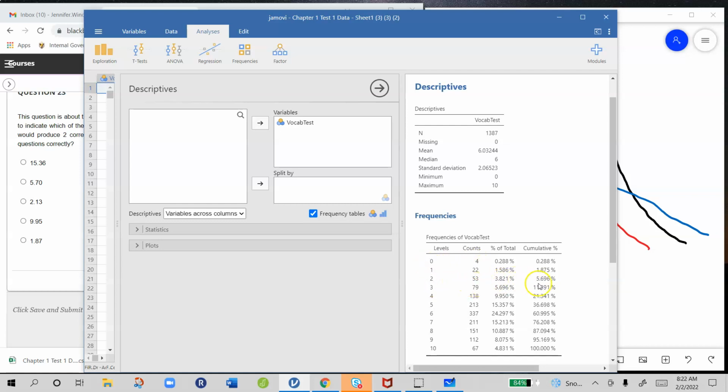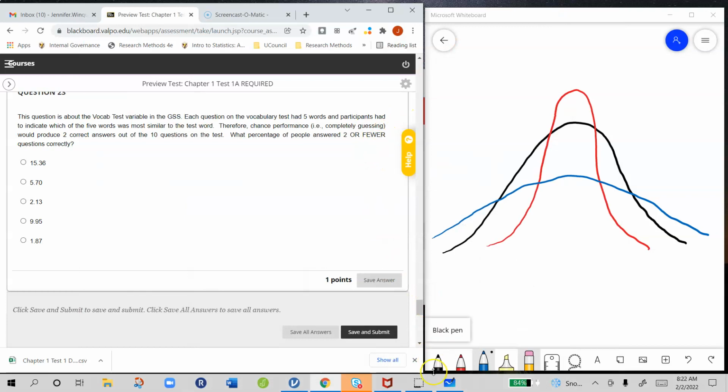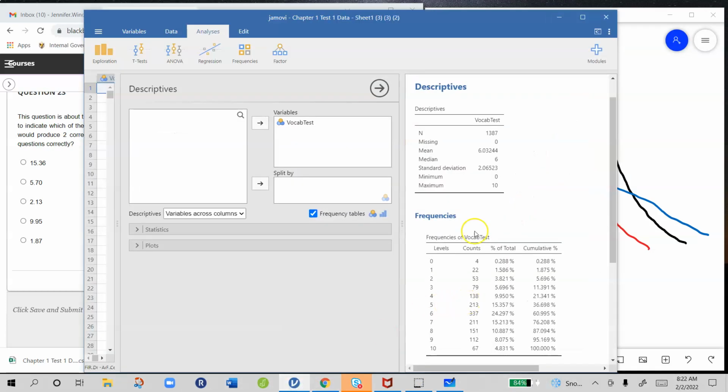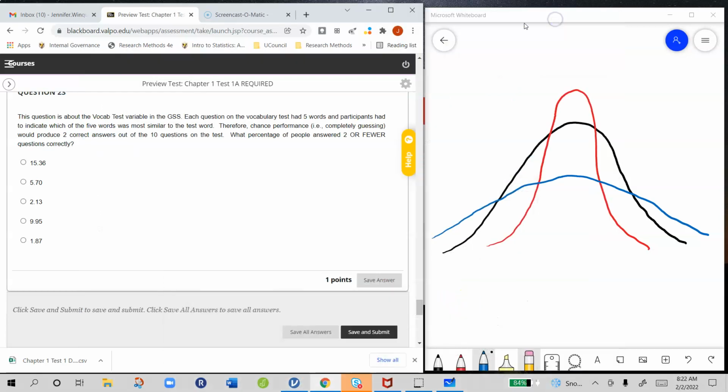I can look at the cumulative percentage column, and that will give me the percent of people who have scores at or below a given category. So 5.696% of people had scores of 2 or lower. Had we asked about how many people had scores of 7 or lower, it would have been 76.208%. In this case, you were looking at 2 or fewer, and so the answer is 5.696, or 5.70 for rounding.